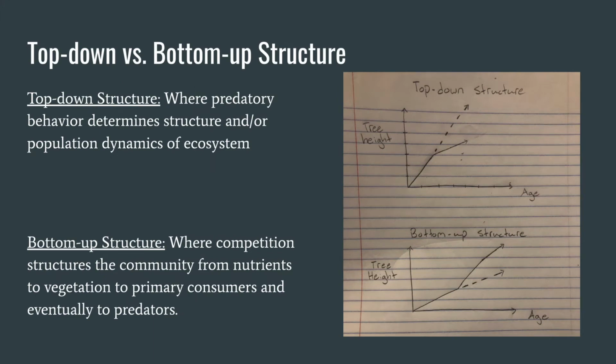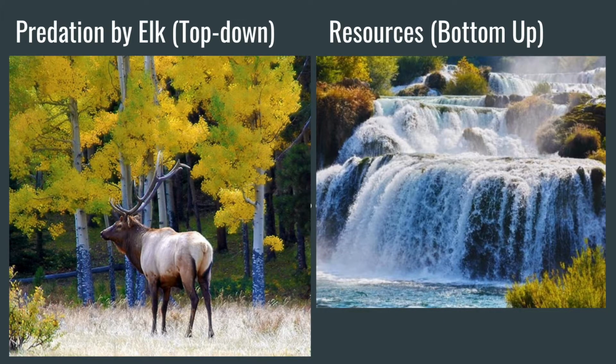Some of the things that we know to affect aspen tree growth are top-down structure, which is predatory behavior that determines population dynamics of the ecosystem, and bottom-up structure, which is competition for resources. In the area that we were looking at, the predation that aspens experienced was from elk, especially on young aspens.